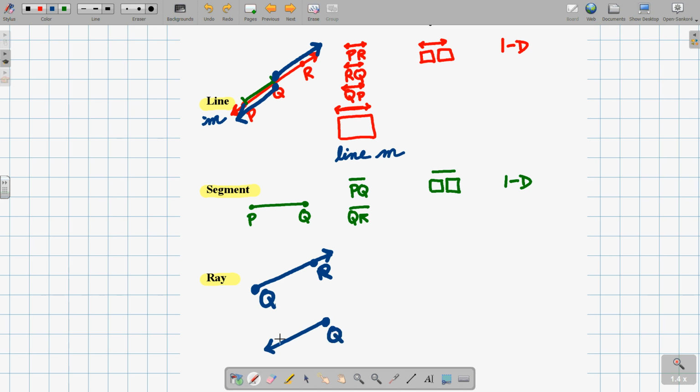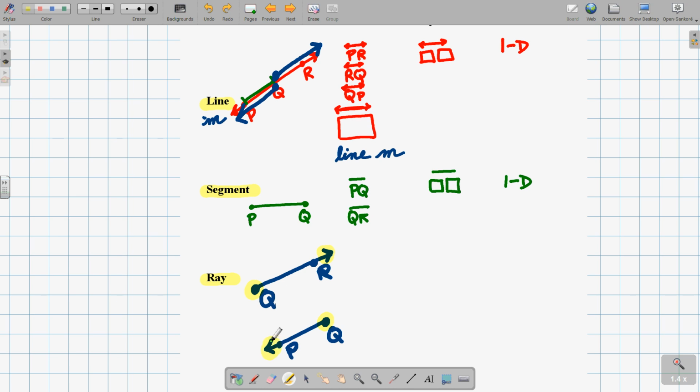Ray QP. All right, so rays go in any direction, and the basic definition of a ray, again, is a piece of a line that has an endpoint and then goes to infinity in one direction, versus a segment with two endpoints. So endpoint, infinity in any direction.